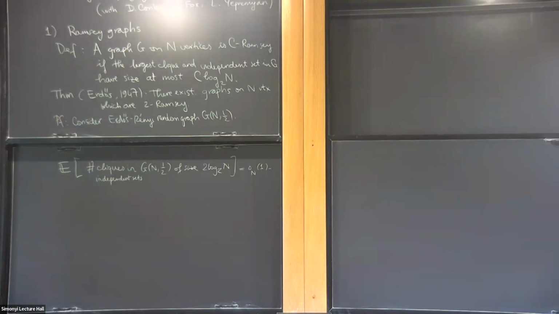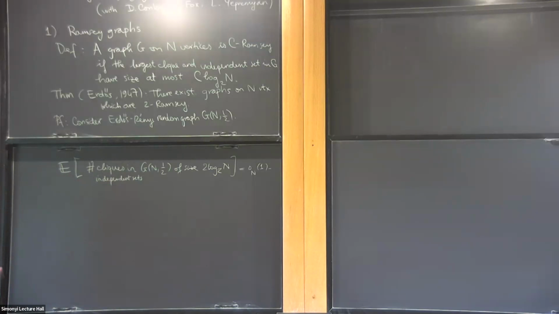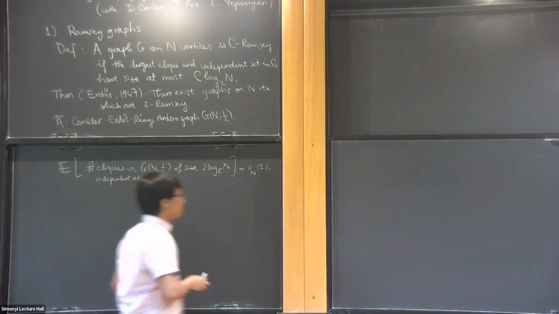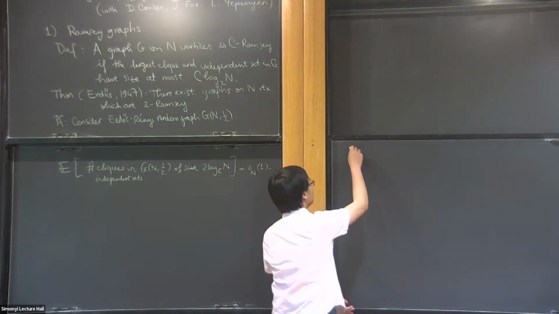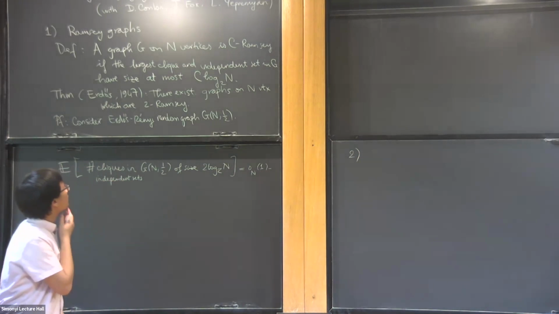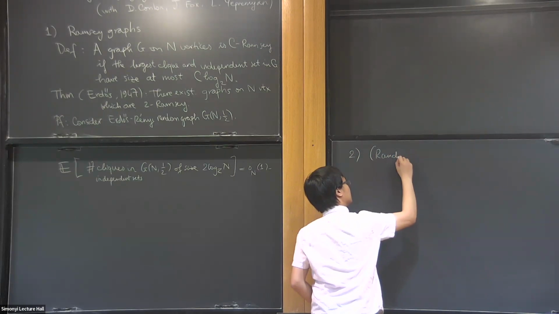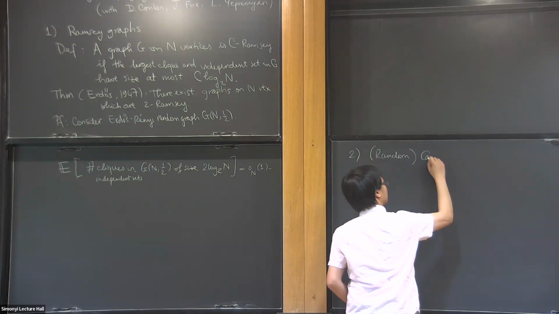Instead, we will move to another example of random graph that is much harder to analyze because it is very structured, but it turns out that it has various interesting properties that I will tell you in a moment. Okay, now let me tell you about the main object of today's talk, which is the random Cayley graph.